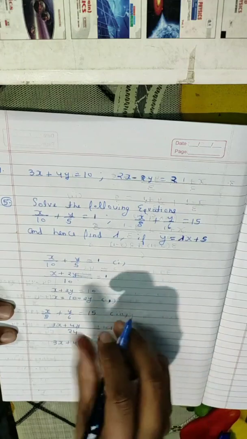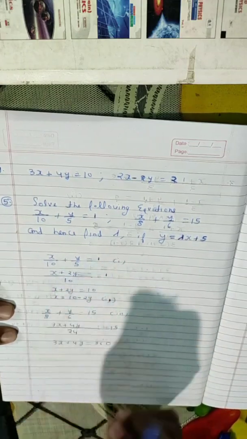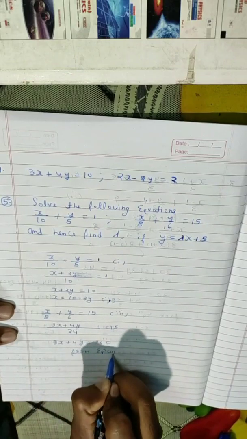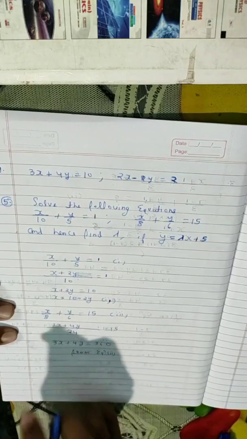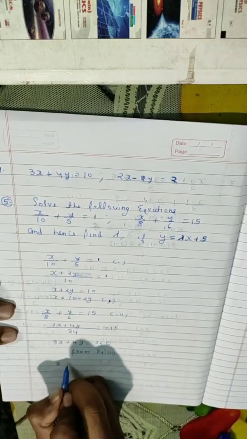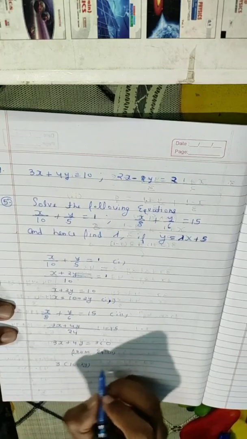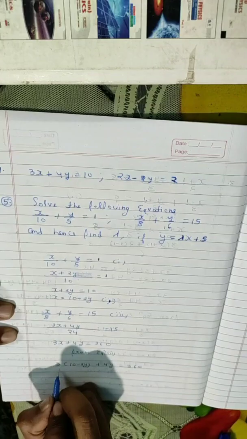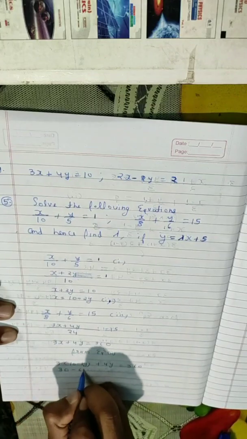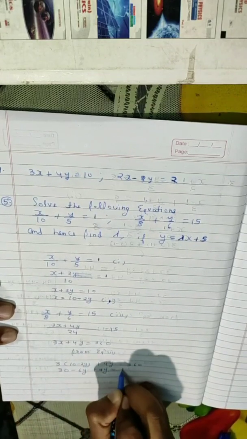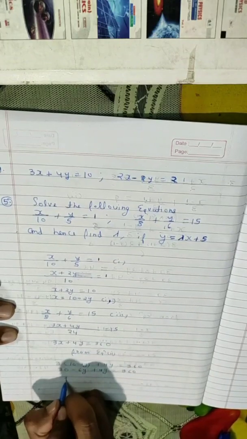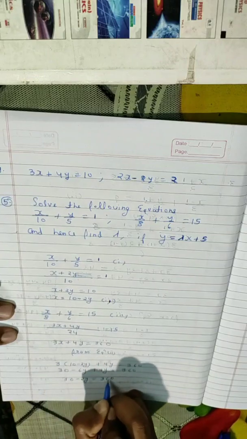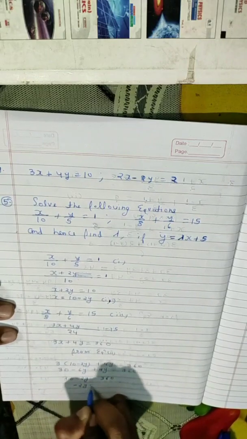Now I will put the value of x from equation number 1, substituting x. So the value becomes 3 into (10 minus 2y) plus 4y is equals to 360, or I can write 30 minus 6y plus 4y is equals to 360. 4y minus 6y is minus 2y, so minus 2y is equals to 360 minus 30.